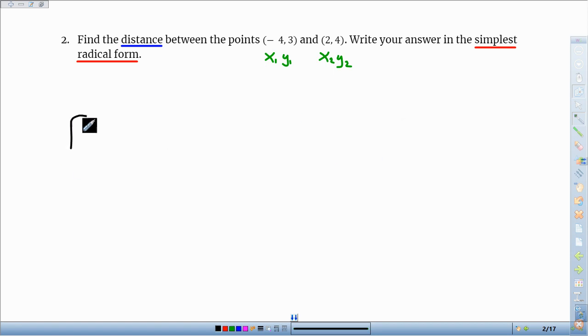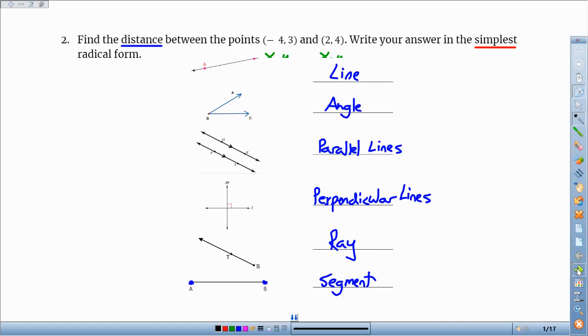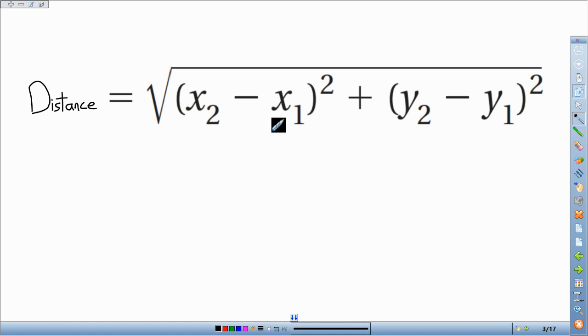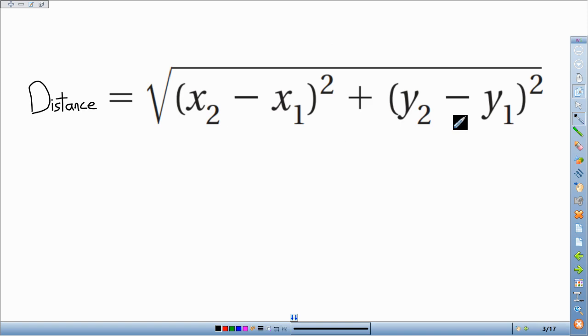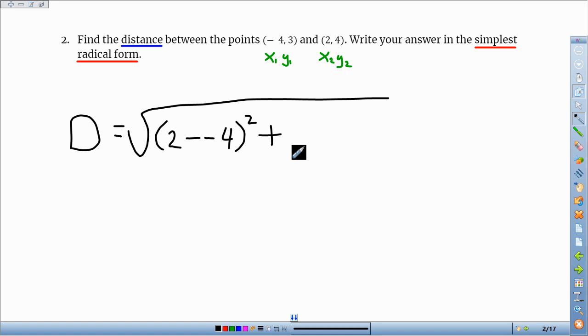I'm just going to use d for distance equals the square root, and we're going to plug it in to this formula here. x2 minus x1 squared. x2 is a 2, and we have that built-in minus x1, which is a negative 4. That's being squared. And then plus doing the same thing with our y's: y2 minus y1 squared. y2 is a 4, built-in minus y1 is a 3, squared.